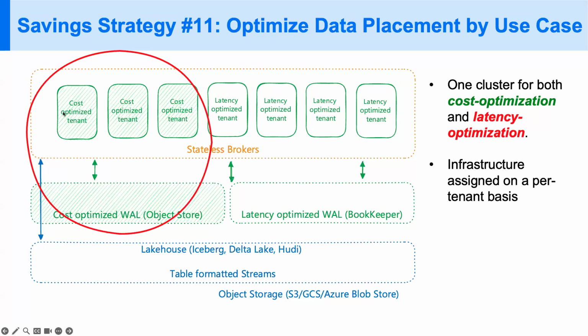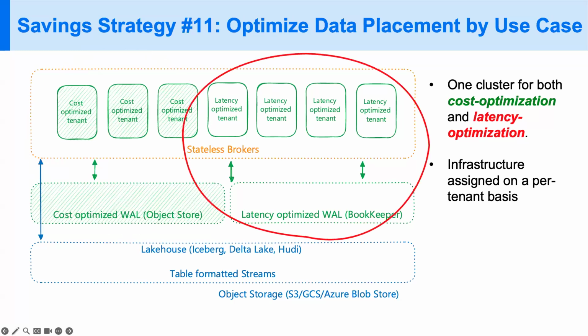I would prefer to have some cost optimization for some of my data sets. Some of my tenants or topics don't have strong latency needs. I want to optimize on cost, but there are some where I need low latency and have very strict latency requirements. Traditionally, most offerings are either serverless or dedicated. You can have one or the other. You really can't have both.